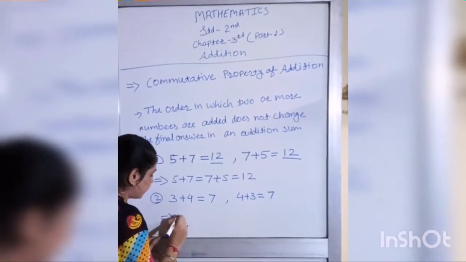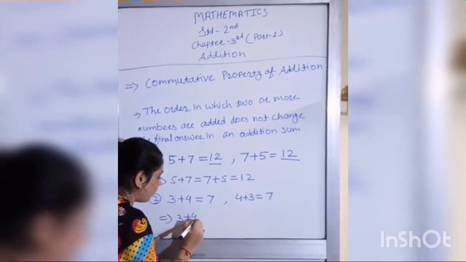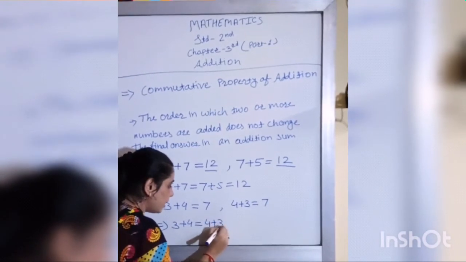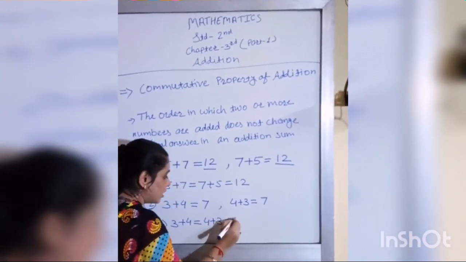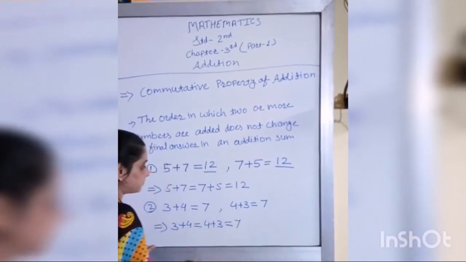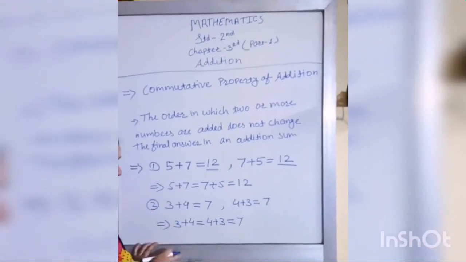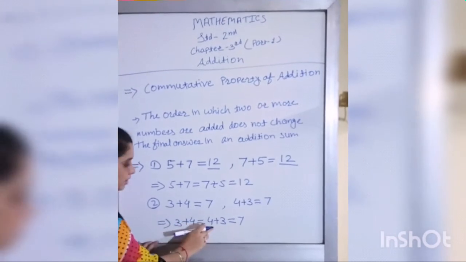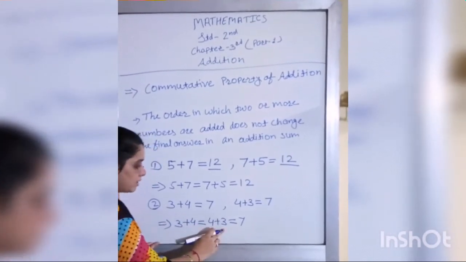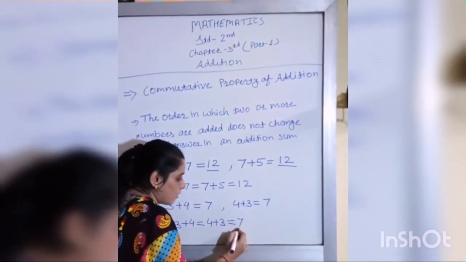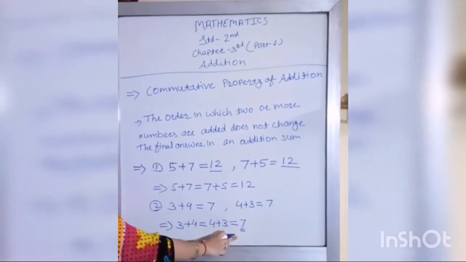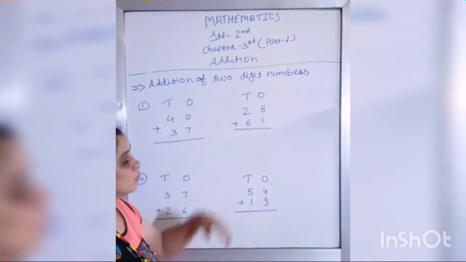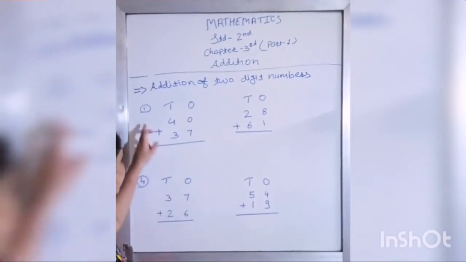That means 3 plus 4 is equal to 4 plus 3, which is equal to 7. From this we can see even if we are changing the order of the numbers, we still get the same answer.